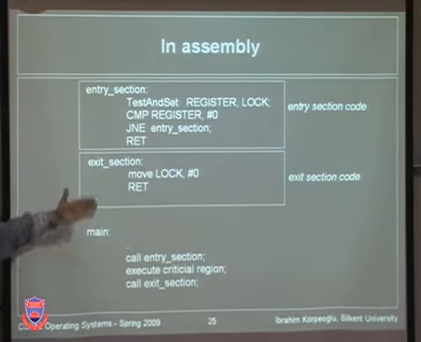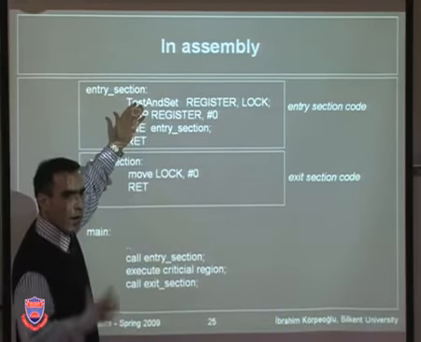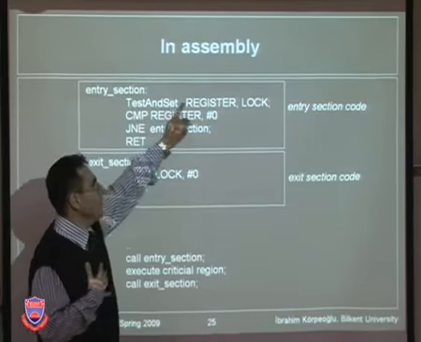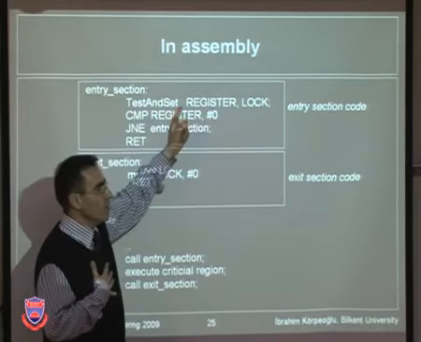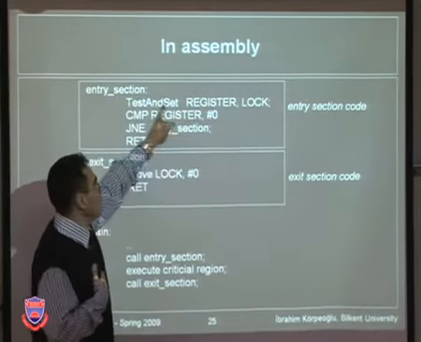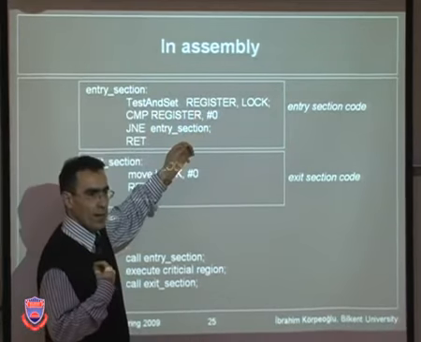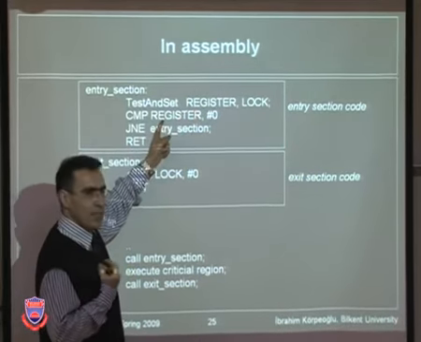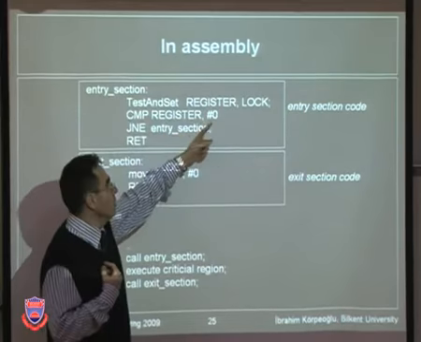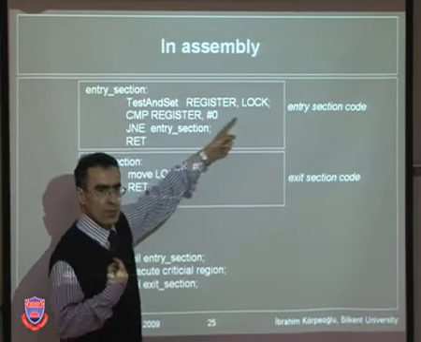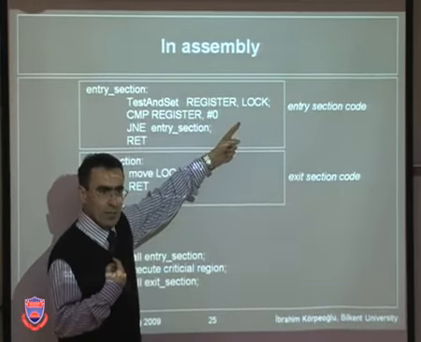Assume I am the process executing this one. During this time, I cannot be interrupted. So after I execute this, what will I have? I will have my register value loaded from the lock, and the lock is set.